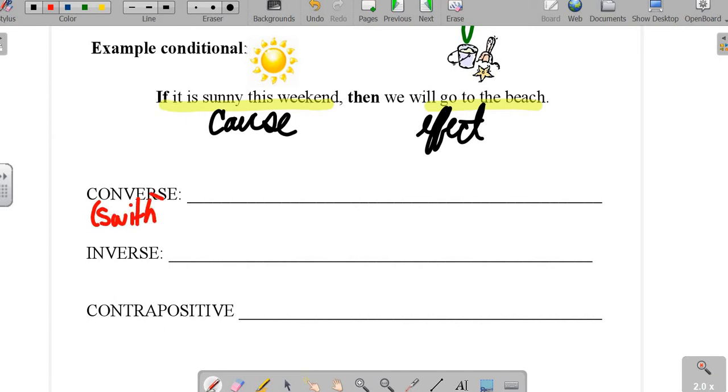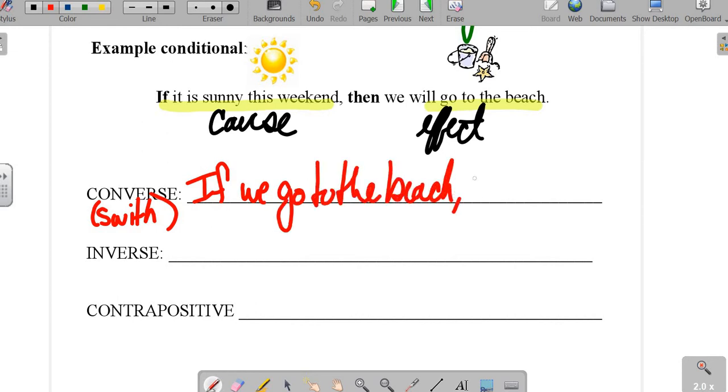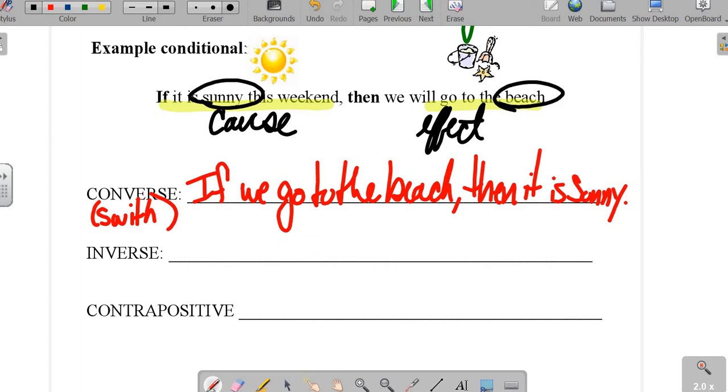If I switch, it would read something like this. If we go to the beach, then it is sunny. Notice we took the sunny and the going to the beach and you switch it. That's converse.